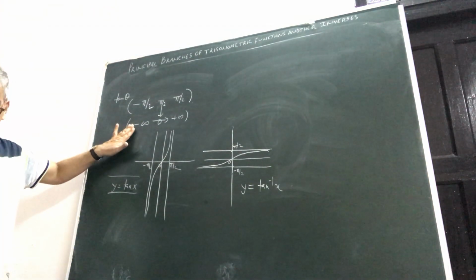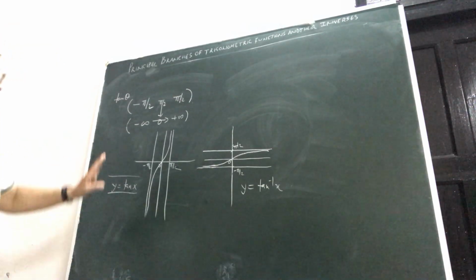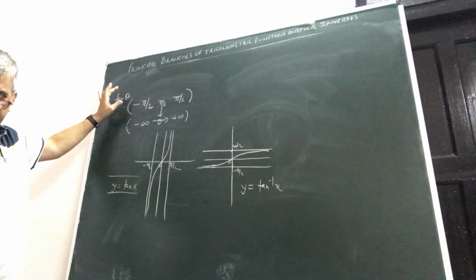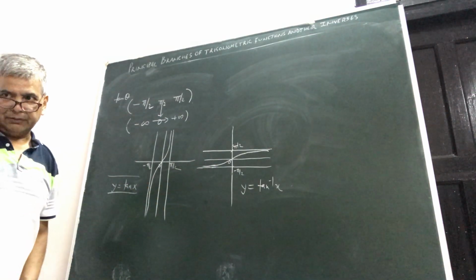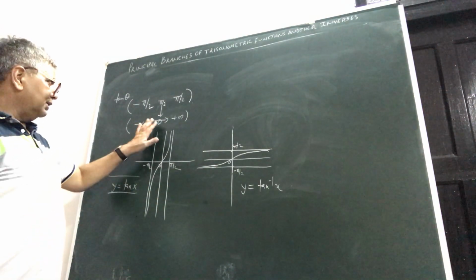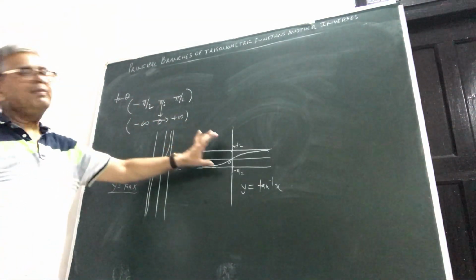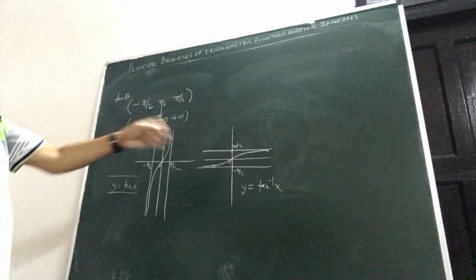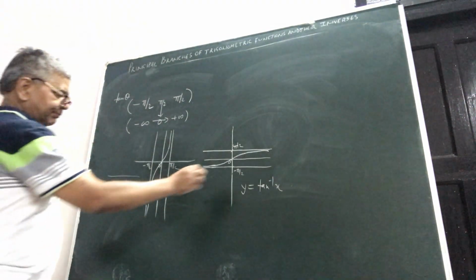So the only principle which you have to employ is that in the principal branch of tangent theta, whatever is the range, that will become the domain of the inverse function, and whatever is the domain, that will become the range of the inverse function. So please remember that.